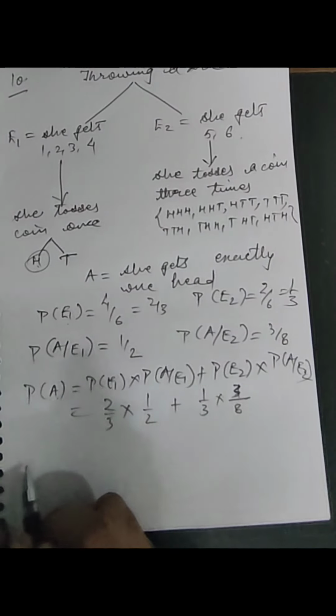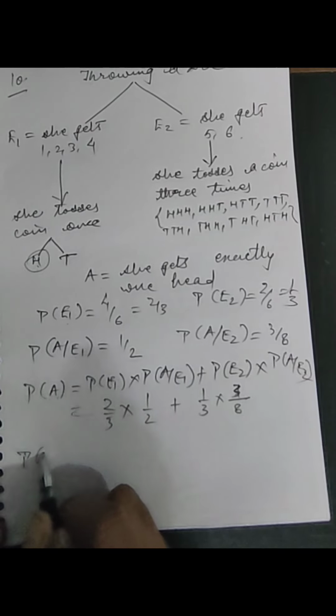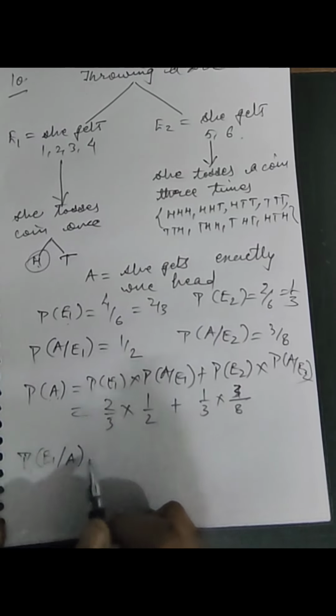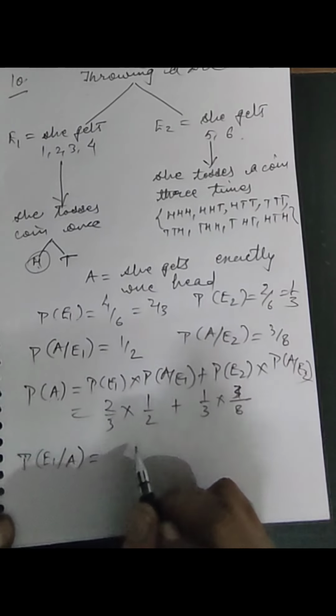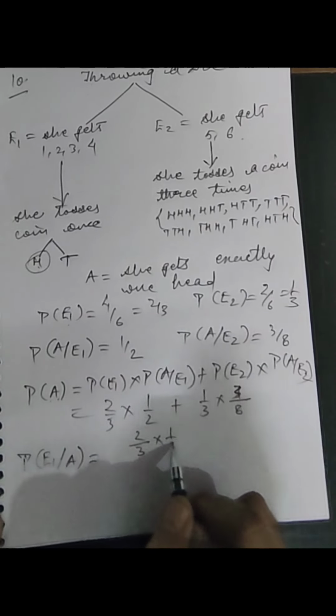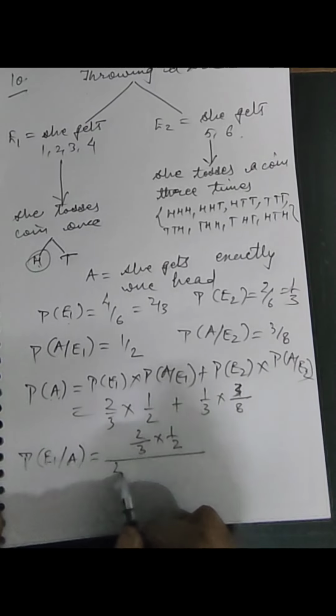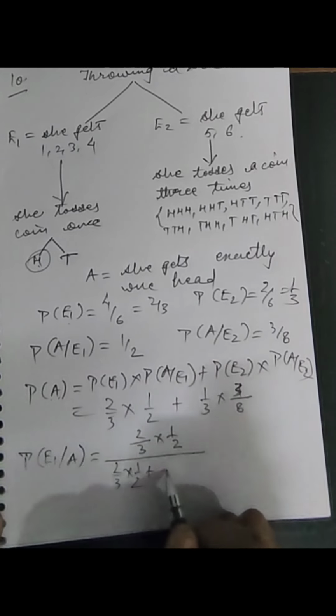So we will directly write using Bayes theorem, the probability of E1 on the condition of A. The first term belongs to E1, so 2 upon 3 into 1 by 2, and the rest is the sum below.